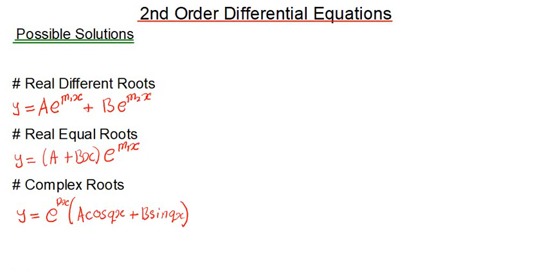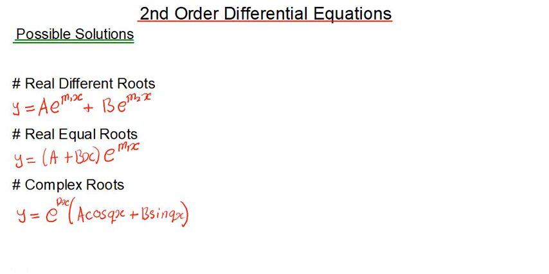All right. So let's look at some examples on second order differential equations. In the previous video, we looked at the introduction in terms of how we come up with the auxiliary equation.